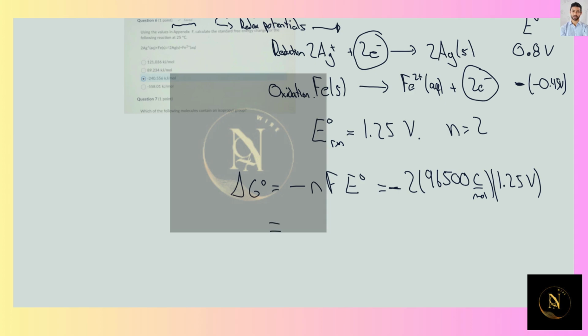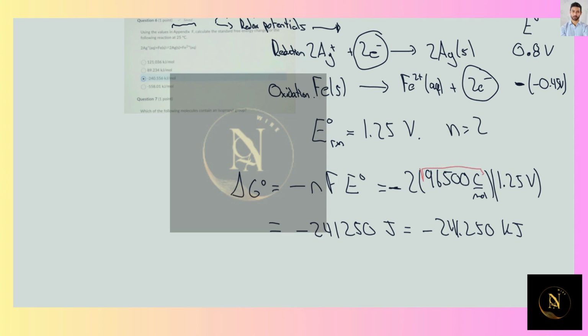So the value would correspond to minus 241,250 joules, or minus 241.250 kilojoules. Here I employed a rounded value for Faraday's constant.